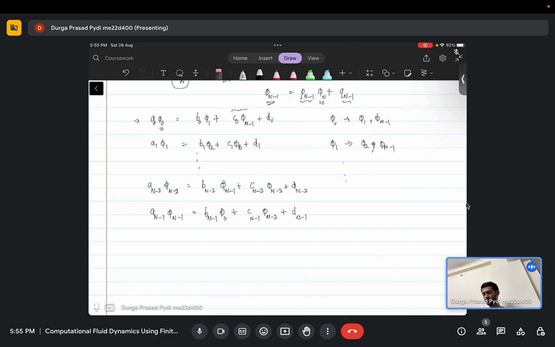Similarly, if we go to the last one, phi n minus 2 will be a function of phi n minus 1, and when I go to the last cell, phi n minus 1 will be a function of phi n minus 2, which is a function of phi n minus 1, and also phi 0. So in the last equation now I will be having another term, so I will be having phi 0 as well as phi n minus 1.